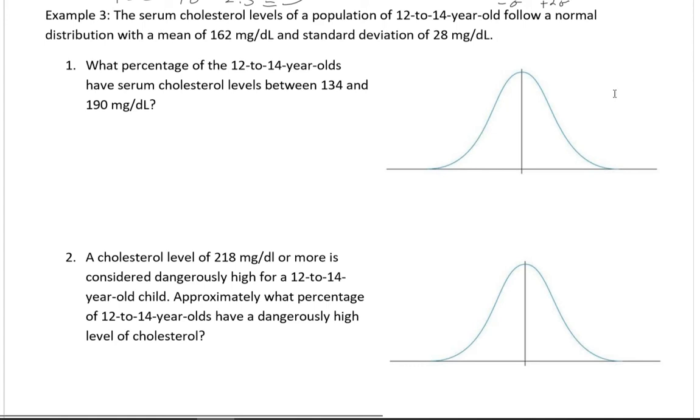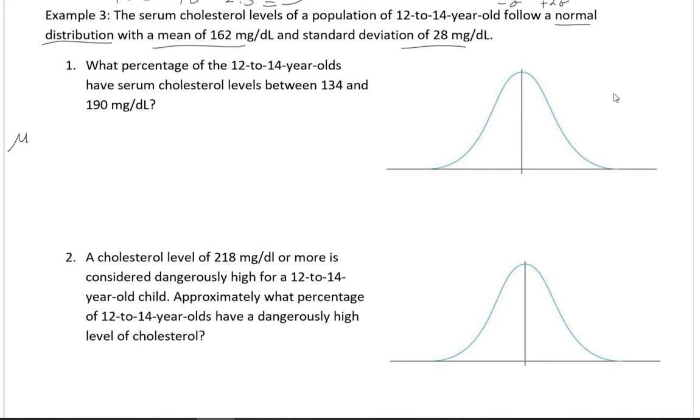So this one's a little bit different because it applies actual context to the problem. You can apply context to all these different situations, and it's not that hard to do so. The difficulty there, though, is that it becomes more of a word problem, and students do have problems with that. Just try to break it down into all the necessary information. We know it's a normal distribution. We have a mean of 162 and a standard deviation of 28.